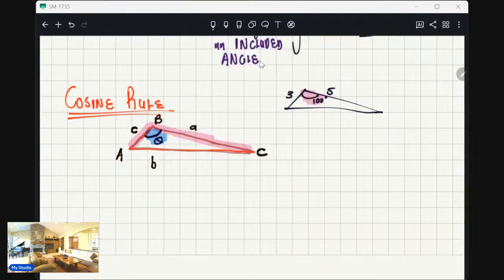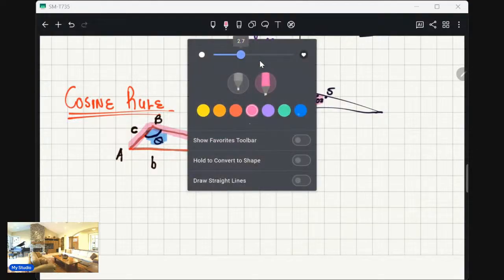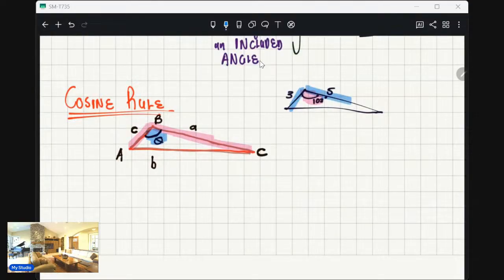Well, it is in this situation because you know 3 and you know 5. So you know the two sides that make the angle. It is an included angle. Why is it included? Because you know the two sides that make it. Are we together?